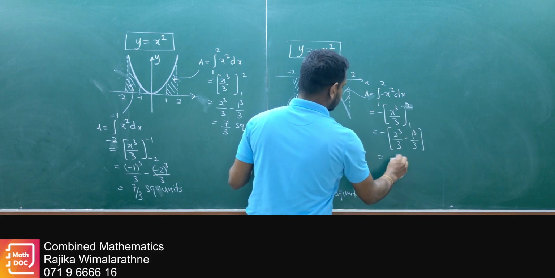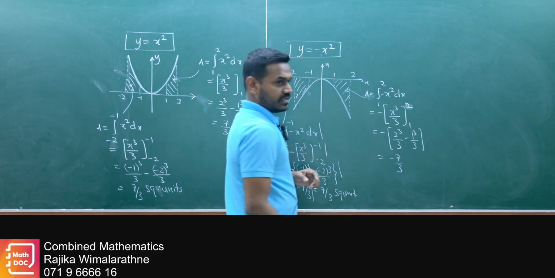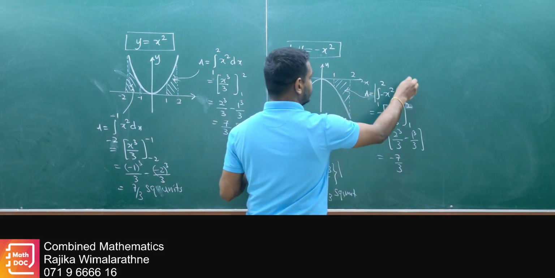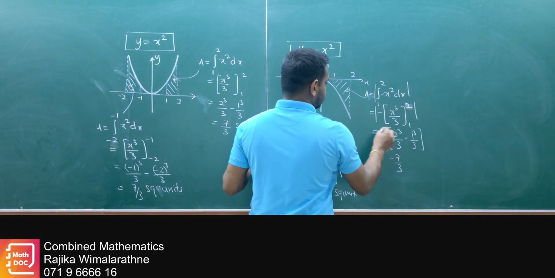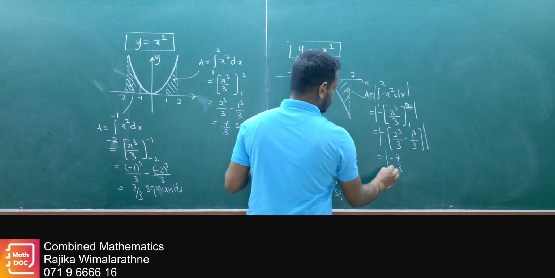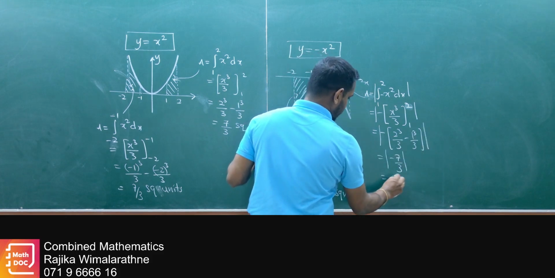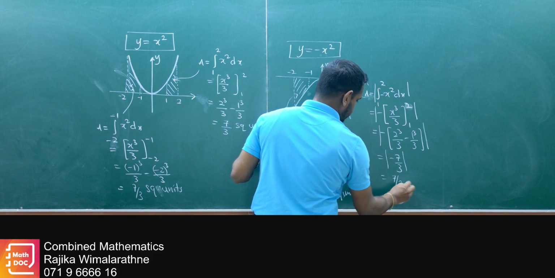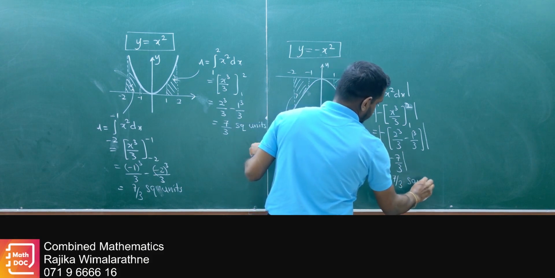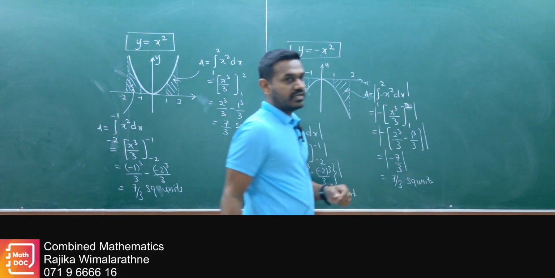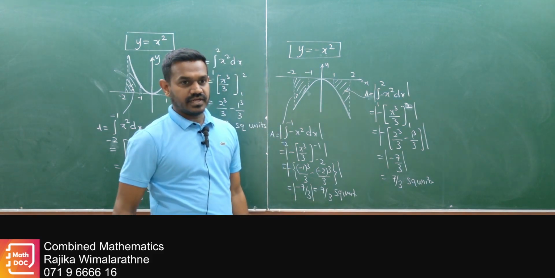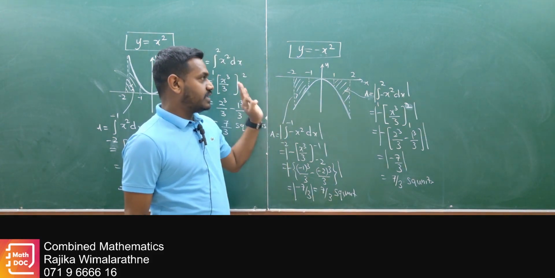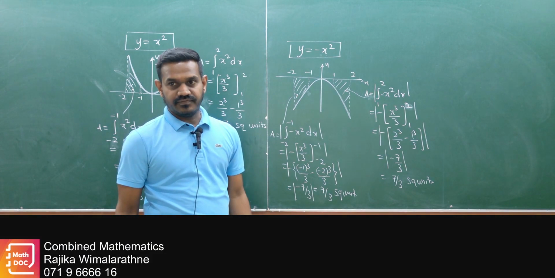Here also we get minus 7 over 3. For that case also it is the same, so you put the modulus sign. So if you need to find the exact area, you need to think about where the function lies. That means you need the graph. You cannot do this without a graph. So you need to consider the graph.